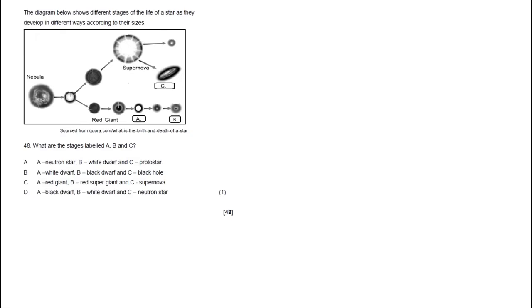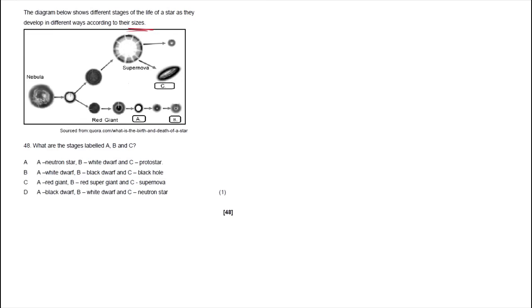Okay, and then next we will move to our last question for section A, which says that the diagram below shows the different stages of the life of a star as they develop in different ways according to their sizes.